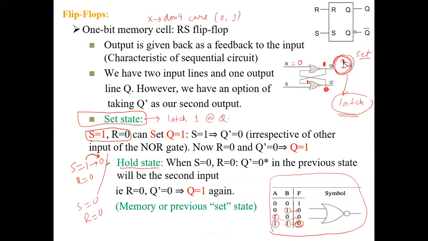You don't have to talk about this one because you are not doing anything here, right? You just change your S from 1 to 0. If you change your S from 1 to 0, then what do you get?